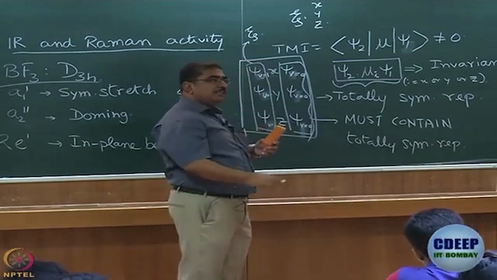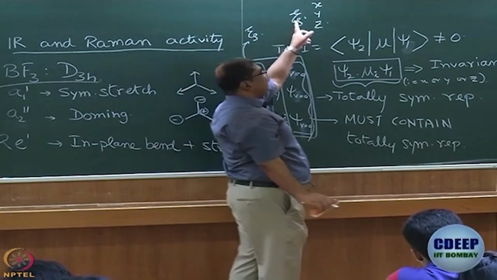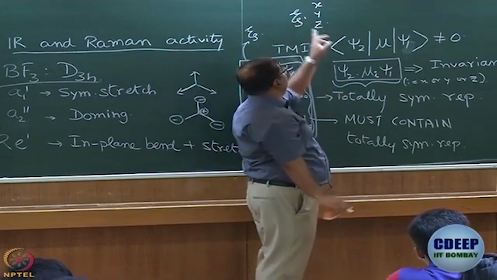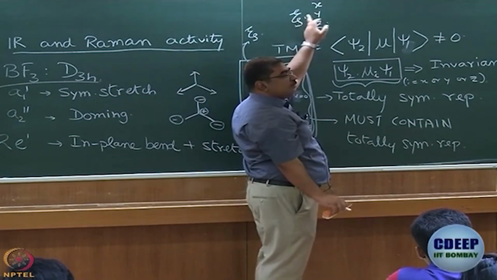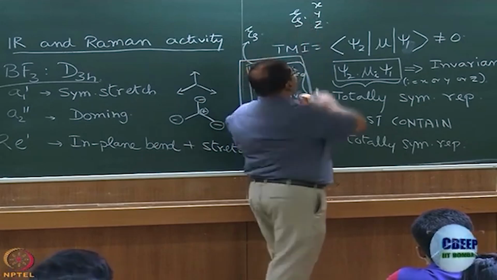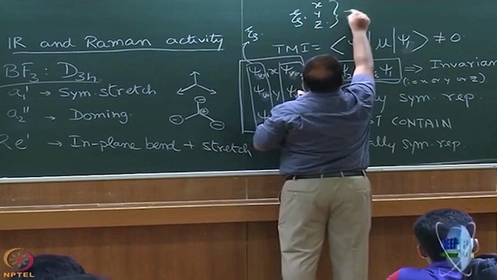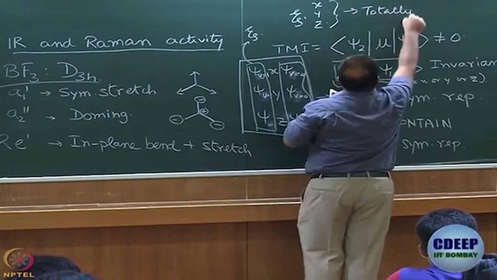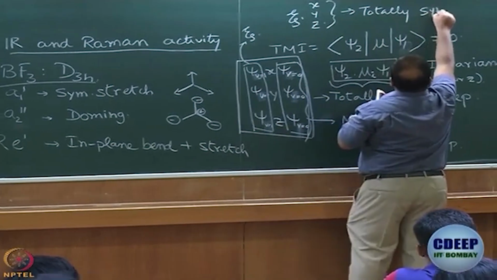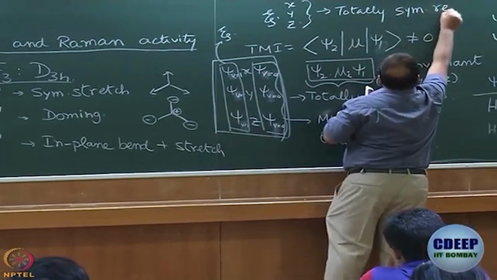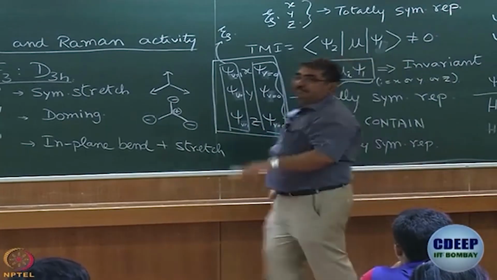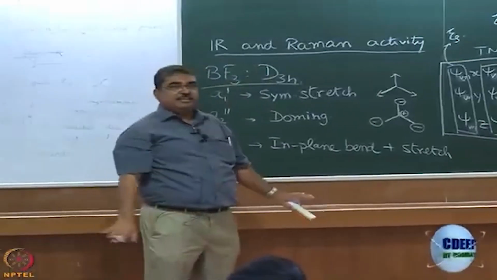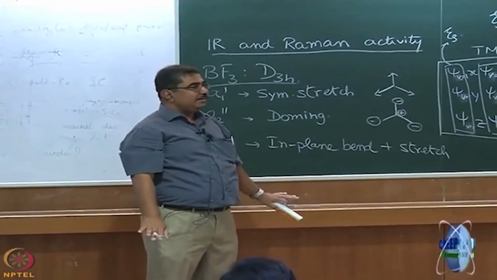So, now the condition boils down to this product, called a direct product when you multiply two. Xi x or xi y or xi z, these must contain the totally symmetric representation. Is the problem defined?